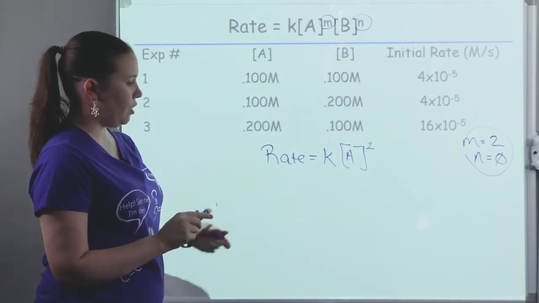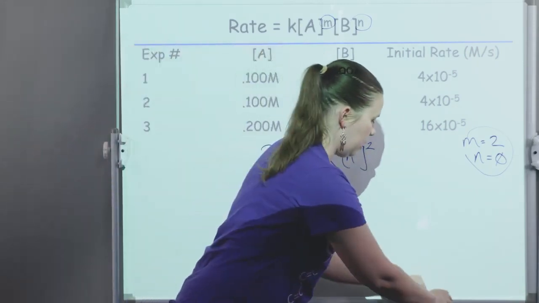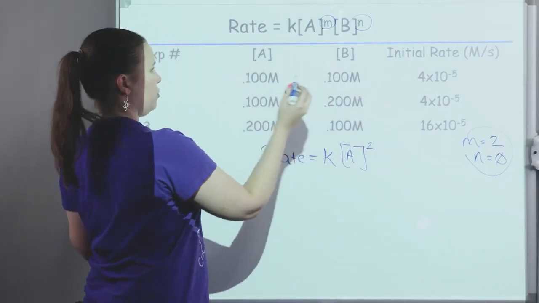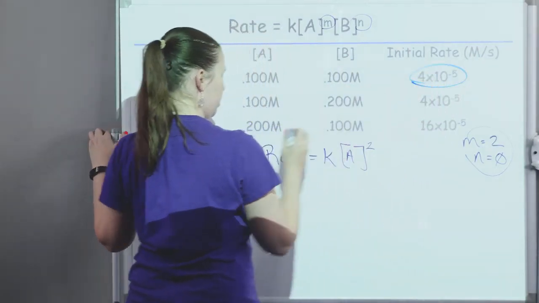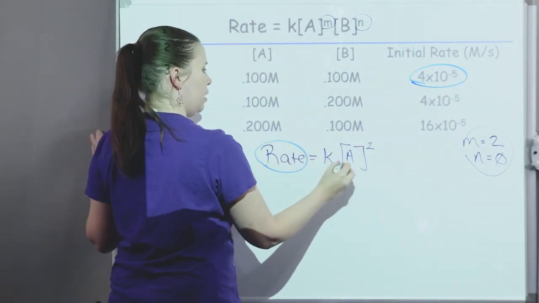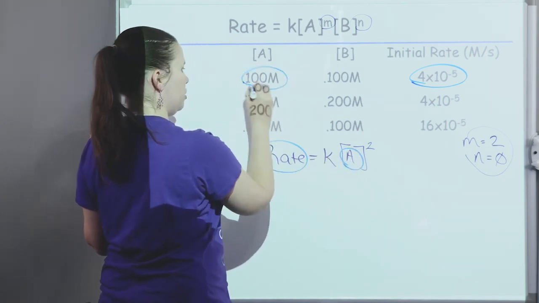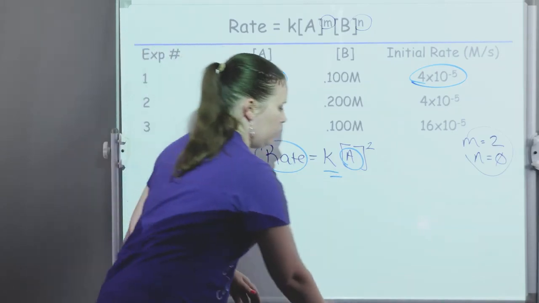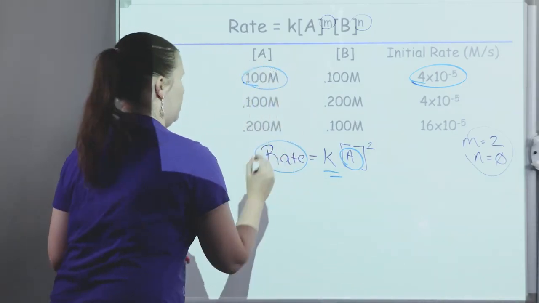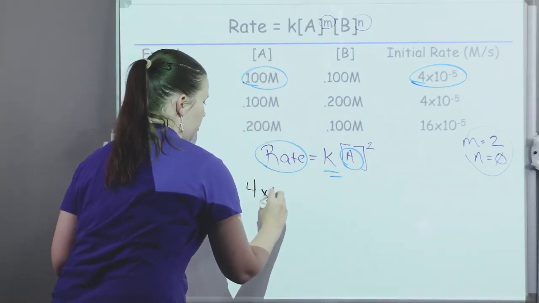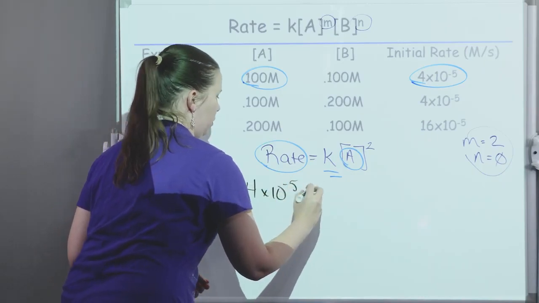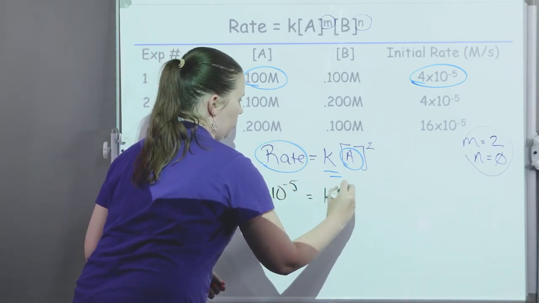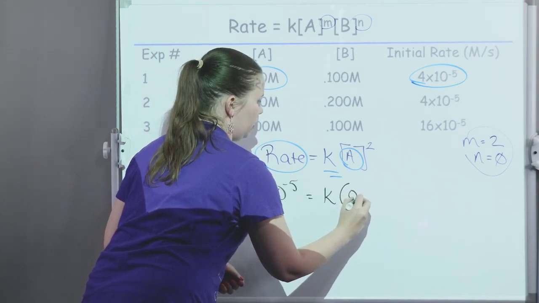In order to find K, you have to plug in some sample data. So I always just pick the first experiment. I want to plug the rate in and the A concentration in and solve for K. So we're going to plug in 4 times 10 to the negative fifth is equal to K. Concentration of A is 0.1.